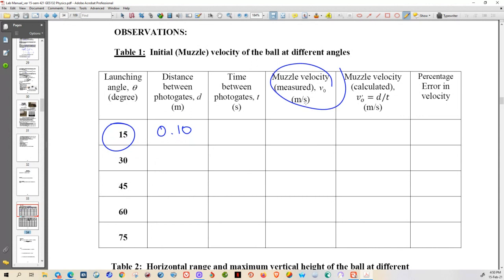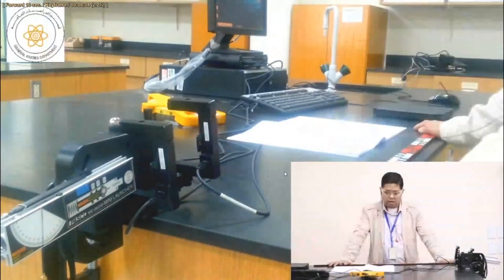and the muzzle velocity, how fast the projectile will escape the launcher, will also be given by the software. You will calculate the same number using the equation V0 equals d over t. So let me fast forward to the time where I'm measuring the speed of the projectile.